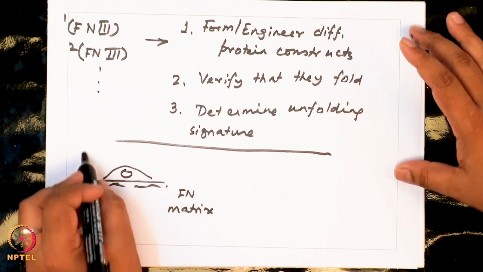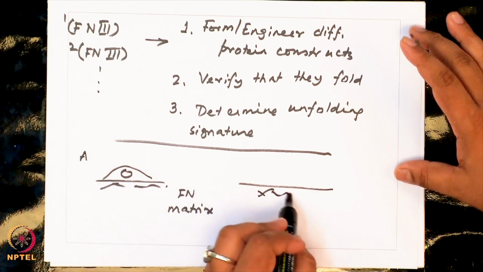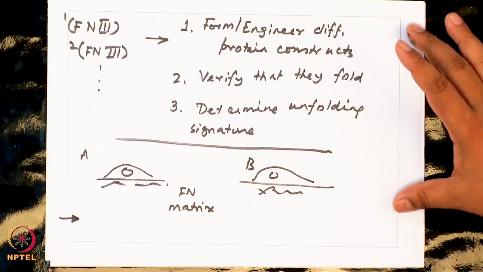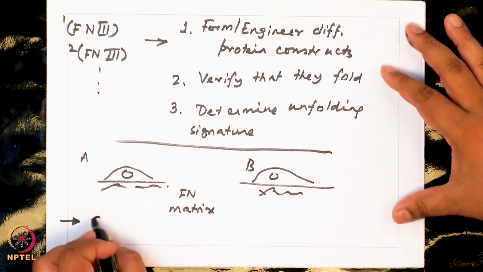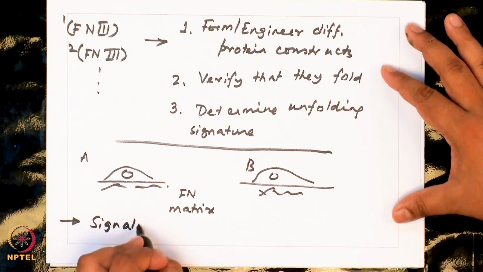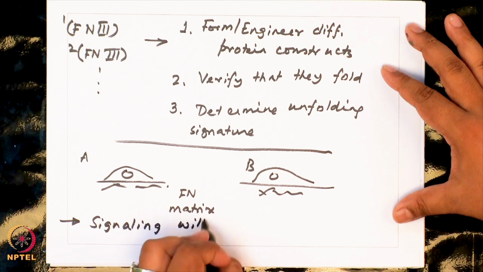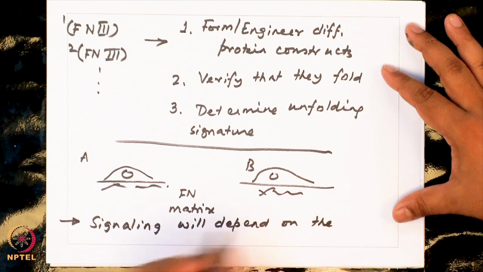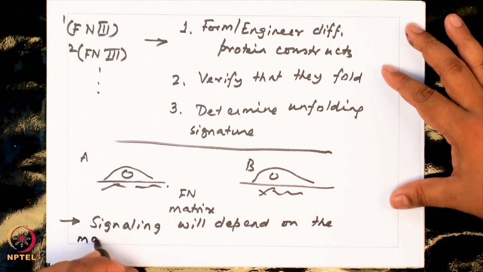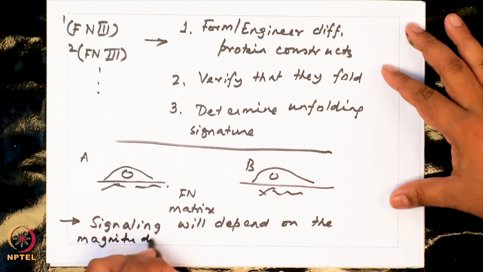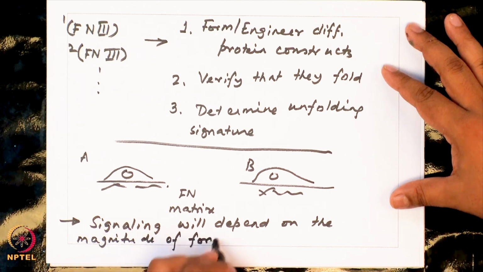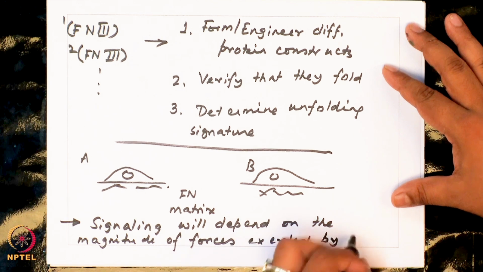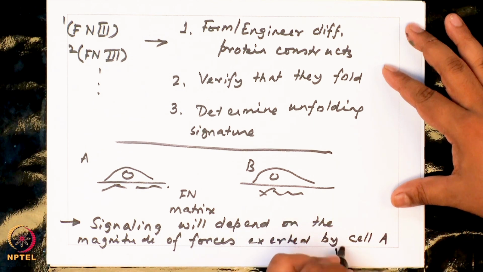This is cell type A, this is cell type B. So, the unfolding signature tells you that signaling will depend on the magnitude of forces exerted by cell A versus cell B.